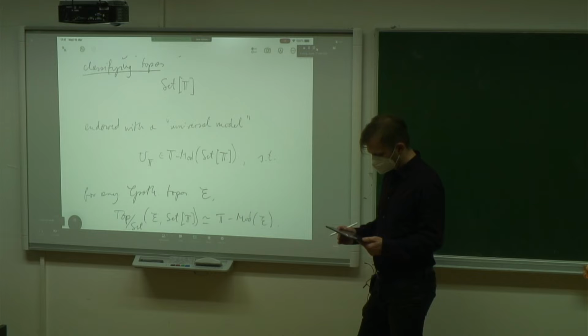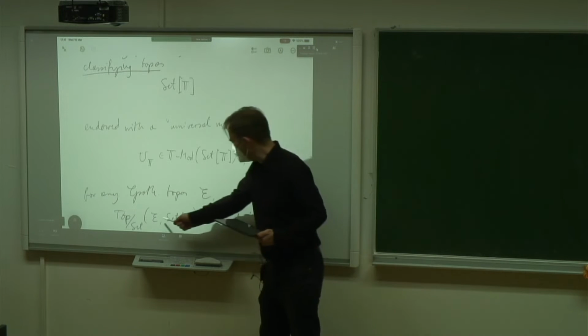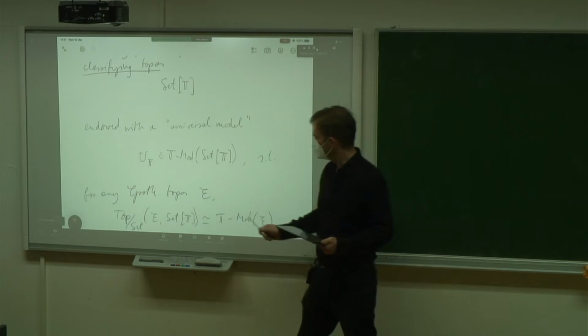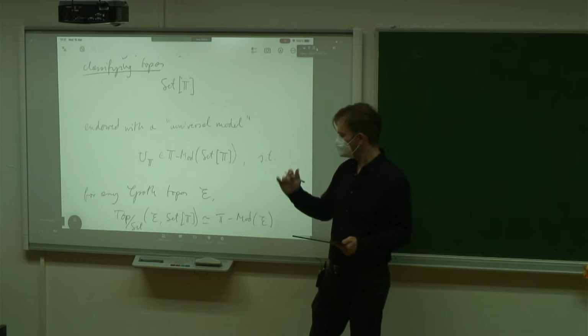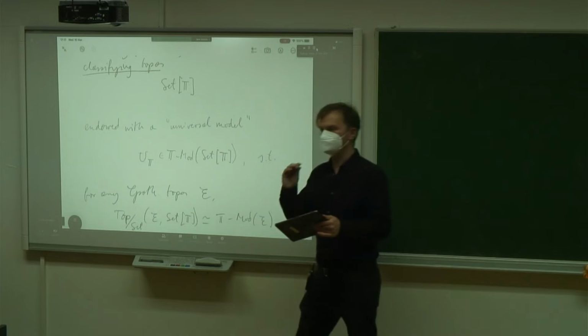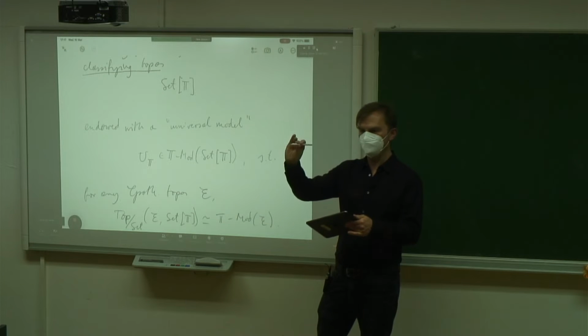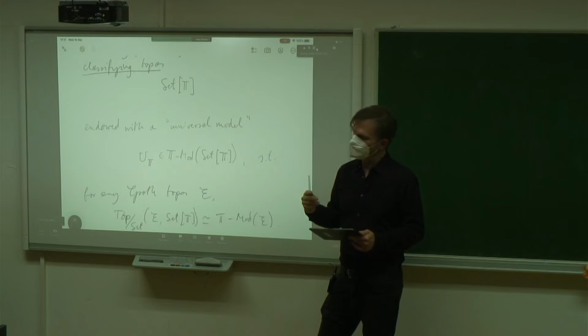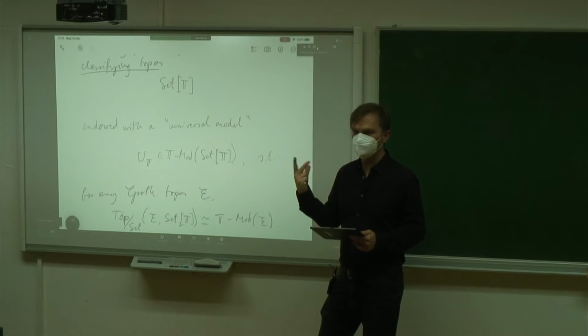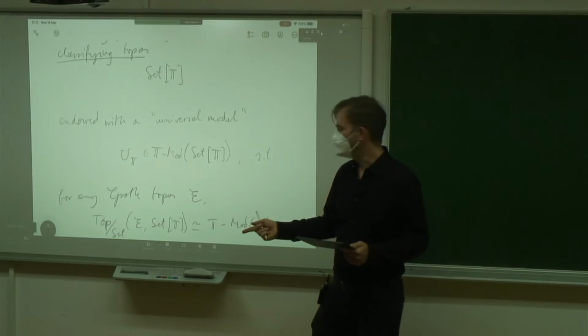So if you imagine this as a sort of space, functors into the space from E can be considered as E-valued points of that space.